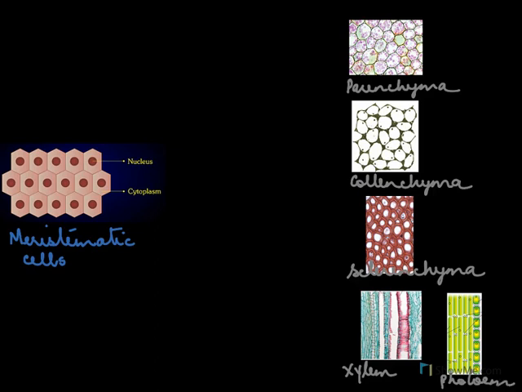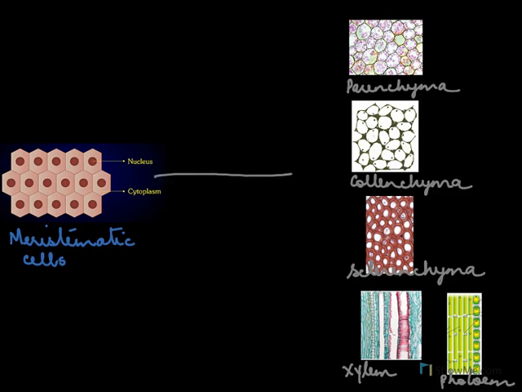Each of these tissues has a different function. But for the meristematic cells to turn into these different tissues and perform different functions, they need to change their shape and size. So the process by which the meristematic tissues change their shape and size and take up a function is called differentiation.